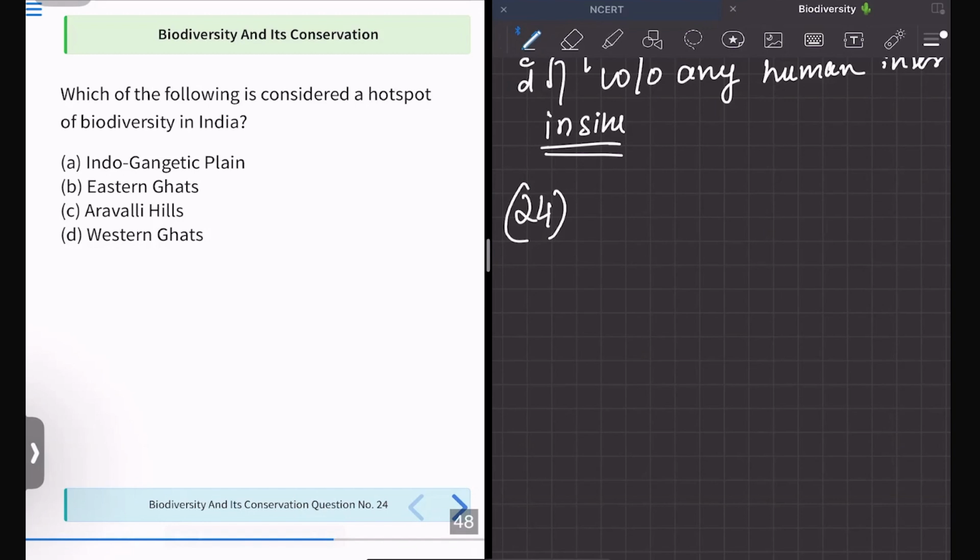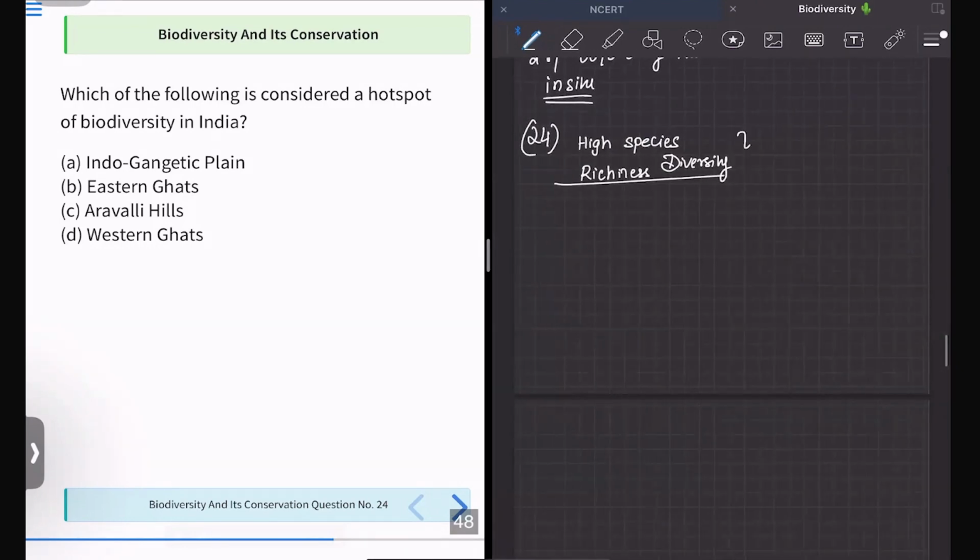We have discussed biodiversity hotspots, that these are the areas with high species diversity, a high richness in species diversity. We have also discussed that we will find such high species diversity or species richness mainly in the tropical rainforest.